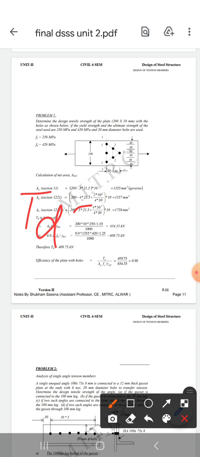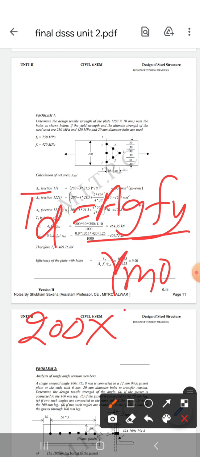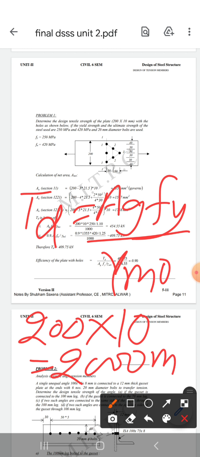T d is equal to Ag Fy upon gamma m naught. Ag here is the gross area of plate. So gross area of plate is 200 into 10. This is the gross area, which is 2000 mm square. The area which we used wrongly in the first point, which was 1355, was wrong because that is the net area.